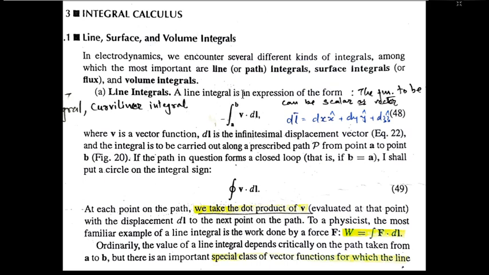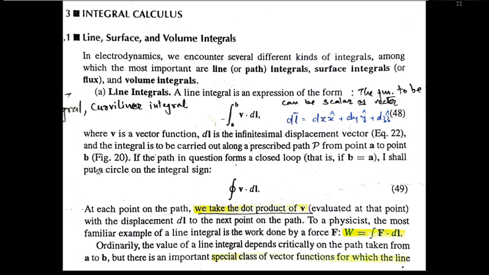A line integral is an expression of the form integration from a to b of vector v dot vector dl, where v is a vector function and dl is an infinitesimal displacement vector.